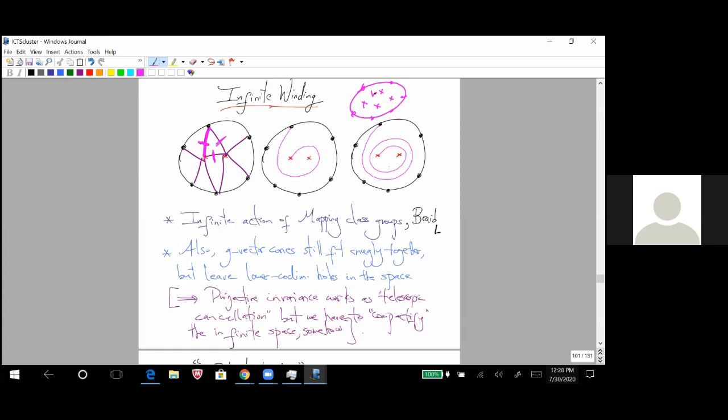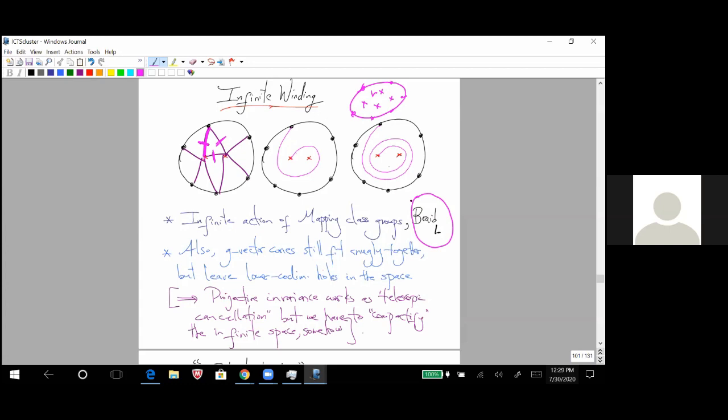You have L punctures, and I can just swap them around, braid them any way I like, and I don't change the surface. Okay, so the mapping class group is a very interesting non-abelian group when L is large, when L is 3 or larger. When L equals 2, it's just the sort of U1. For L equals 2, it's just the winding around one way, winding around the other.